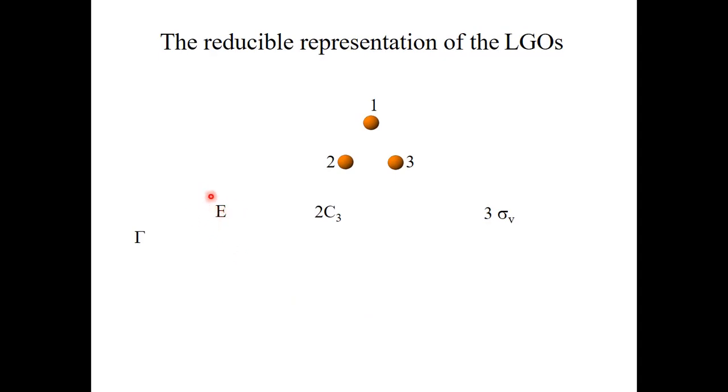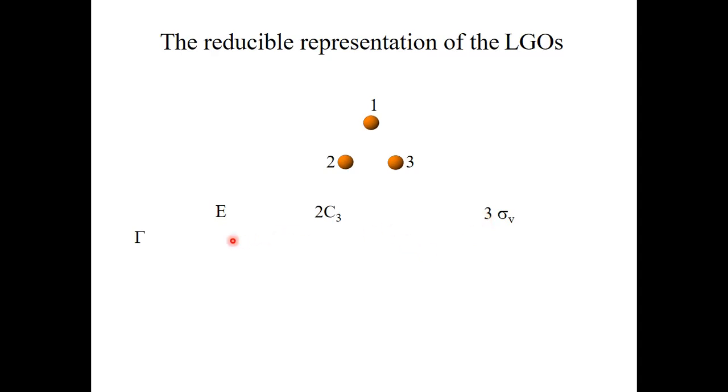In this case, we have the identity, we have the C3 symmetry operations, and we have the sigma V symmetry operations. For each of these, we have to determine whether the orbitals swap their positions or not. So orbitals that do swap their position get a character 0. Orbitals that do not swap their position get a character of 1.